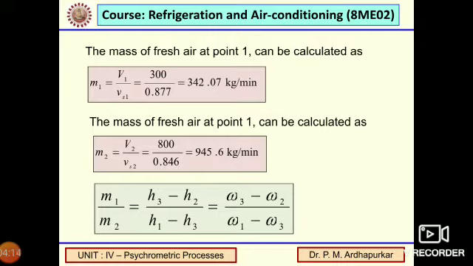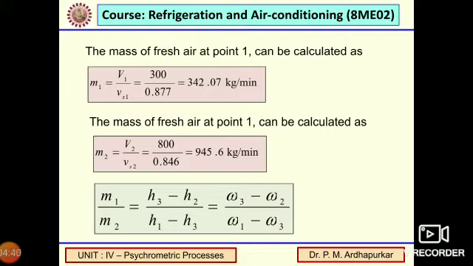For that, you have an equation which represents the ratio of mass flow rate of the two streams, that is m1 upon m2 is equal to h3 minus h2 upon h1 minus h3 is also equal to specific humidity W3 minus W2 upon W1 minus W3. Now this equation demands a mass flow rate of two streams.